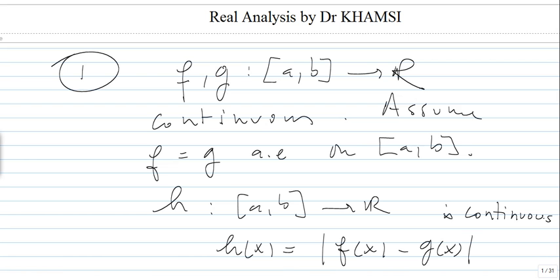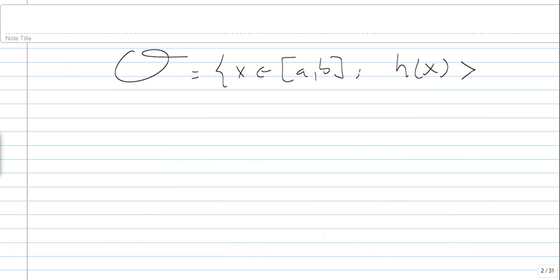Now we look at the set O of x in AB such that h of x is greater than 0. Basically, we know that h is equal to 0 because f of x is equal to g of x almost everywhere.